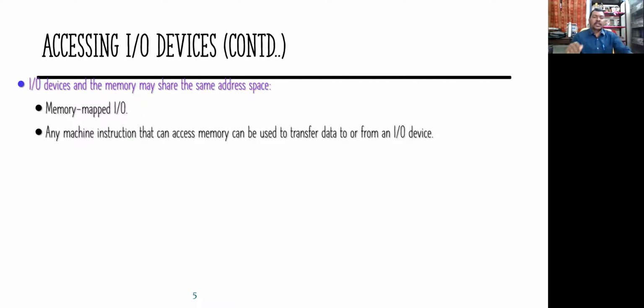Then any machine instruction that can access memory can be used to transfer data to or from an input output device. If you remember, we studied all the machine instructions and machine codes in the last portion, such as out and in.